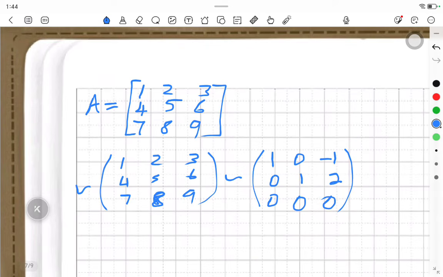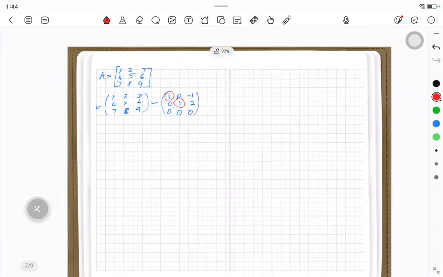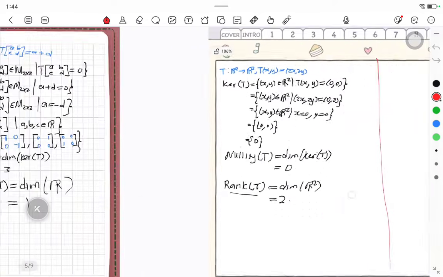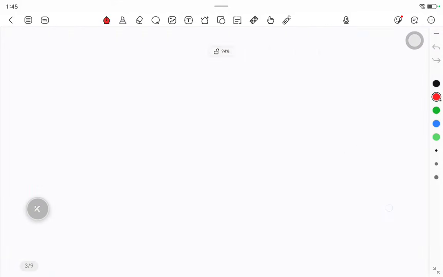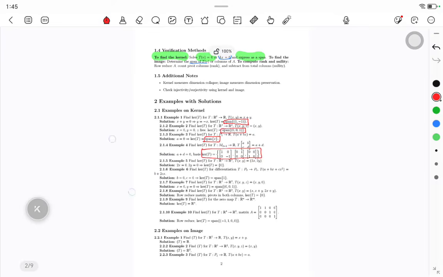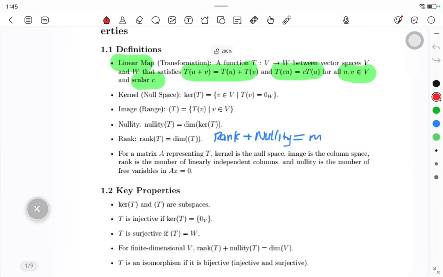How many leading ones do we have here? 2. Sure. 2 leading ones, right? Let's go back to our original, from the beginning of this page, of this document.